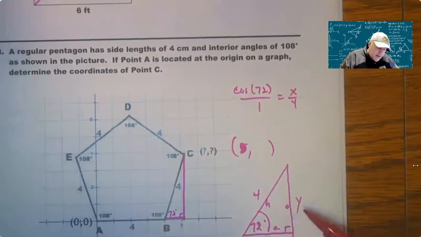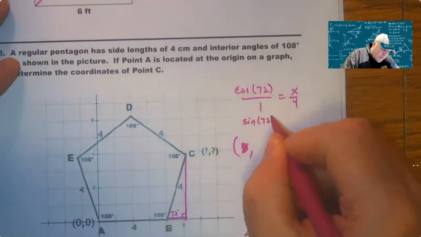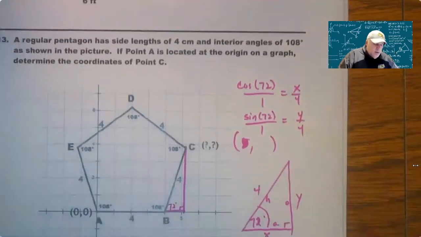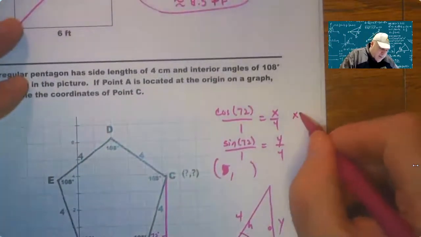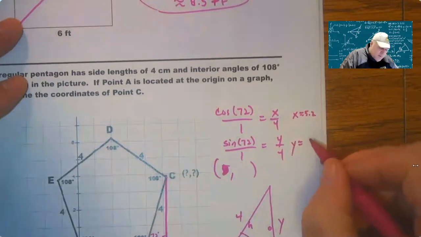And to get the y, you can use sine 72 equals y over 4. And so when you solve for x and y, you'll get 5.2. Again, I'm not going to do all that workout. That's something you should know. And then y is 3.8.